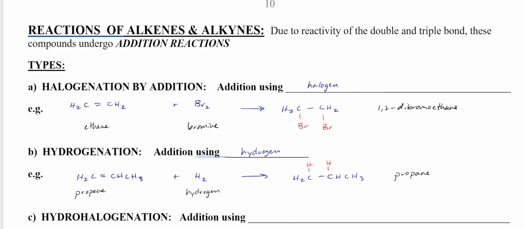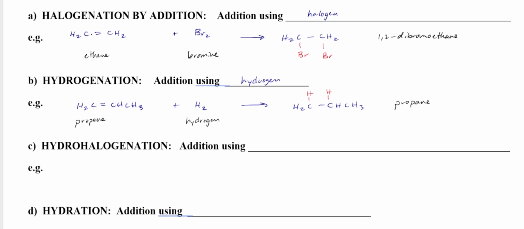Hydrohalogenation is the addition using a hydrogen halide. Okay, and so I have propene here. And I have, we'll say HCl, hydrochloric acid. Okay. This one's a little trickier.